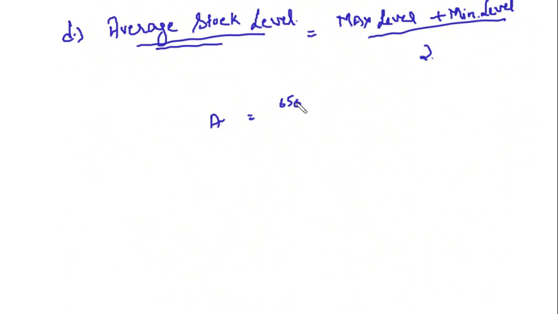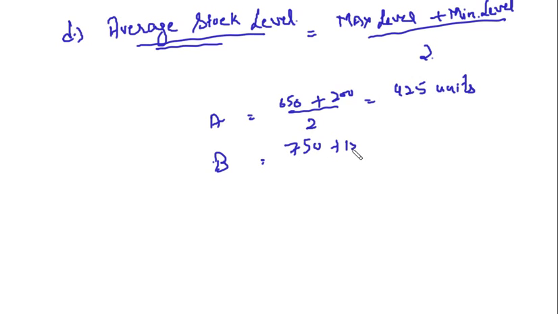So I can say 650 plus 200 divided by 2. This comes to 425 units. Clear? And for B, the maximum level is 750 units and minimum level is 150 units divided by 2. This comes to 450 units.